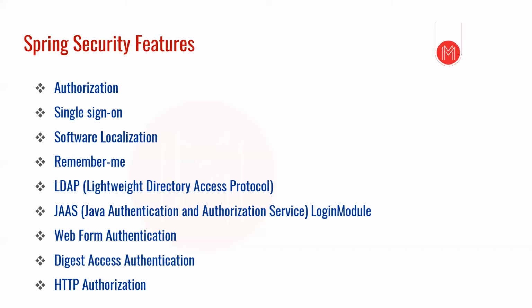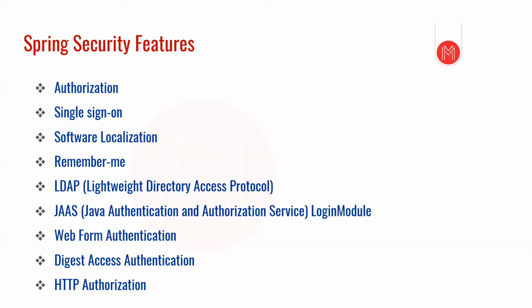Or we can apply one more technique, that is the HTTP authorization technique. What we can do is use this technique with Apache Ant paths or regular expressions. Spring provides this functionality for HTTP authorization of web request URLs.